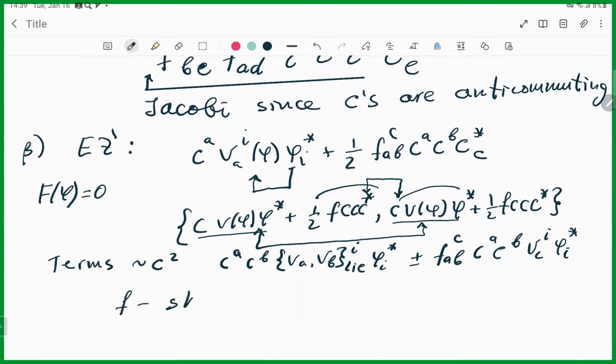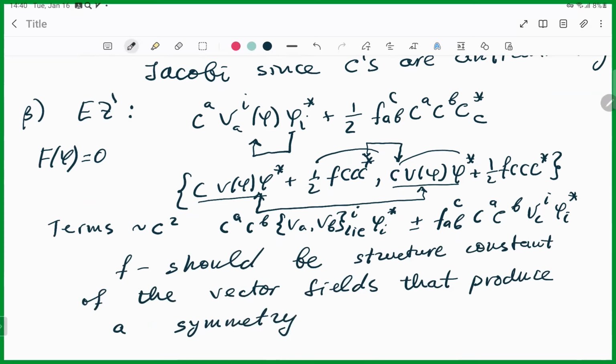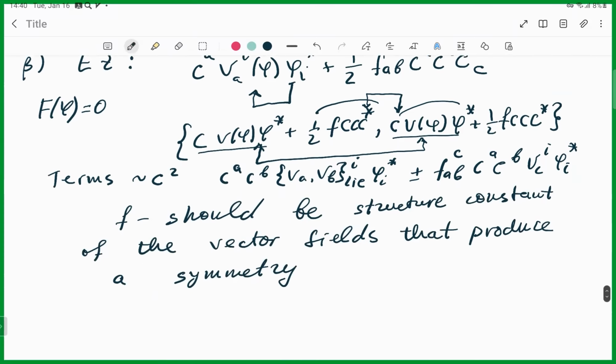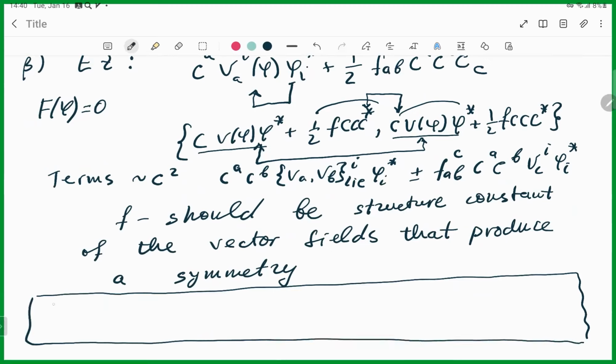So for these terms to cancel, F should be the structure constant of the vector fields that produce a symmetry. And now it's very easy to consider the general case. And here we obtain the following statement.